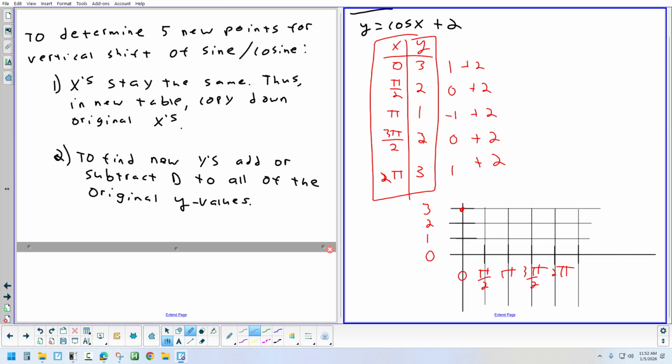Okay, so we have 3, 2, 1, 2, 3. So this is the cosine function. It looks like the middle part, which is like that V shape, but just try to make it look curved. Like that. Okay, so that's a cosine function shifted up 2. Any questions on that one?